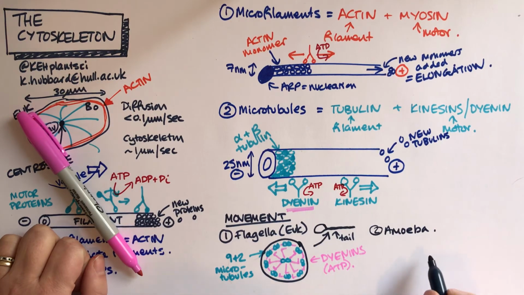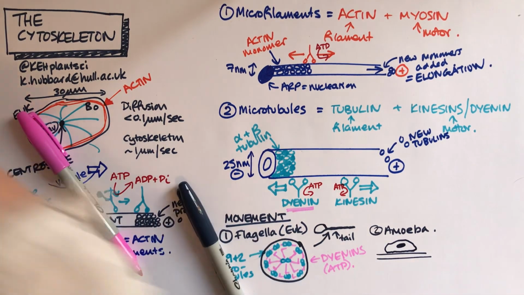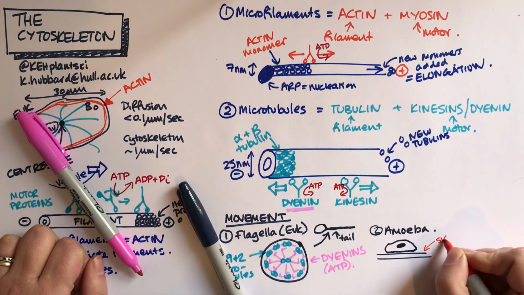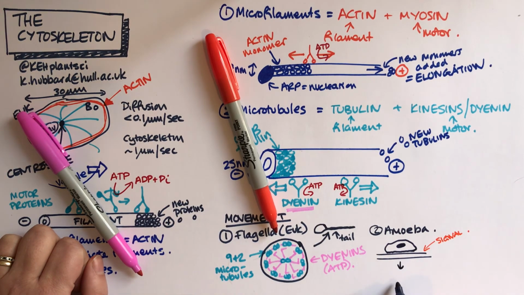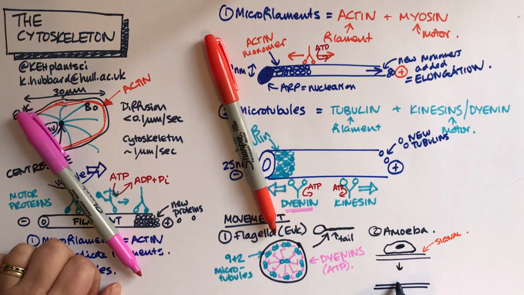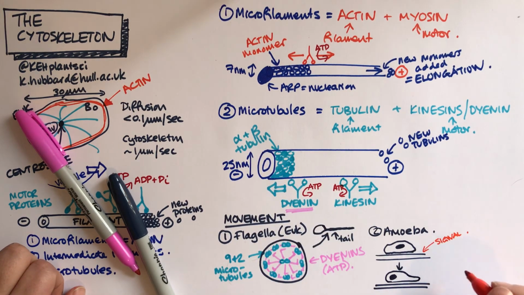In the amoeba, let's say we've got a cell sitting on a surface. There's a nucleus. And we have some sort of signal, some sort of molecule in the environment. What can happen then is the cytoskeleton selectively makes new filaments in one direction in response to a stimulus. In this case, it would be actin.